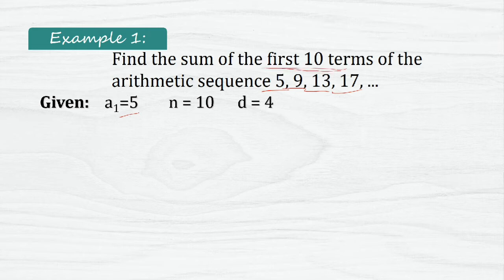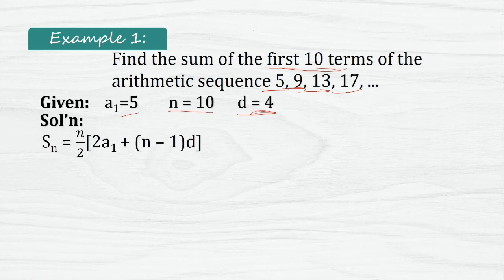So n is 10. And for our common difference, we have 4, since 9 minus 5 is 4, or 13 minus 9 is 4, or 17 minus 13 is 4. So that's the common difference, 4.